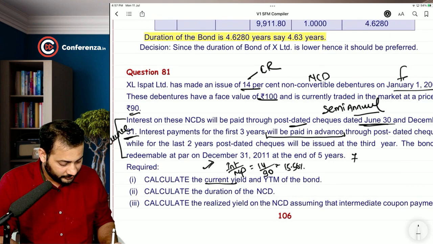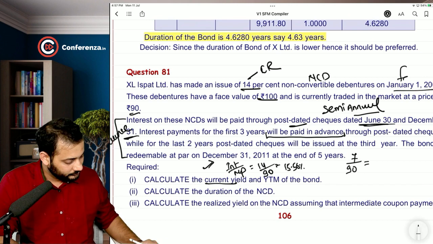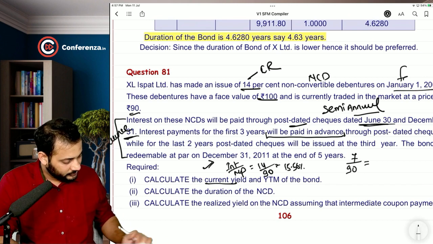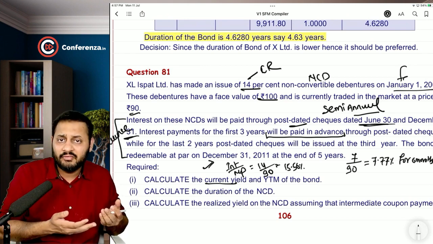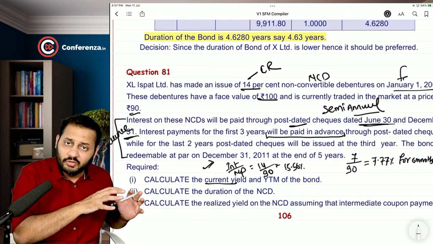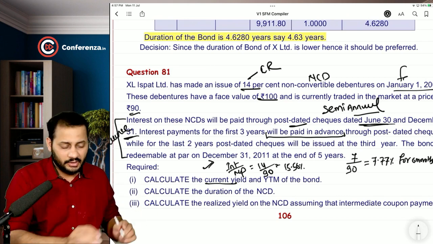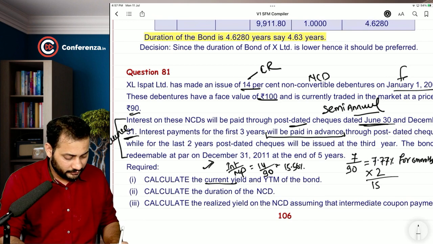So 7 divided by 90 will give you 7.77%. This is your current yield for 6 months. Why for 6 months? Because in the numerator you have taken half year, the final answer will also be of half year only. Then you multiply it with 2 and you arrive at 15.56% per annum.